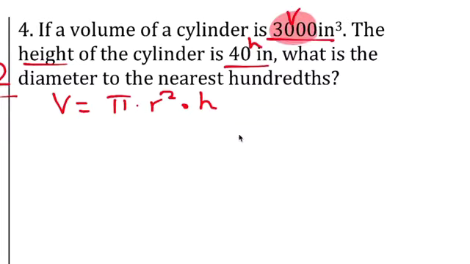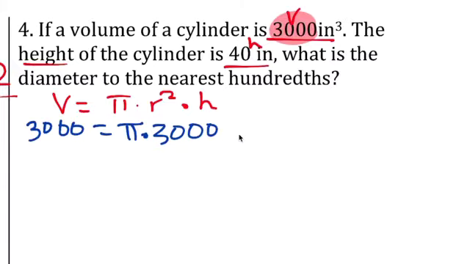So we put this one here under the 3,000 times the radius, we don't know, times the height, and we don't know what the radius is, right? Oh no, 3,000 is on the other side. Okay, let me put this in order. There's no radius. The height is 40.